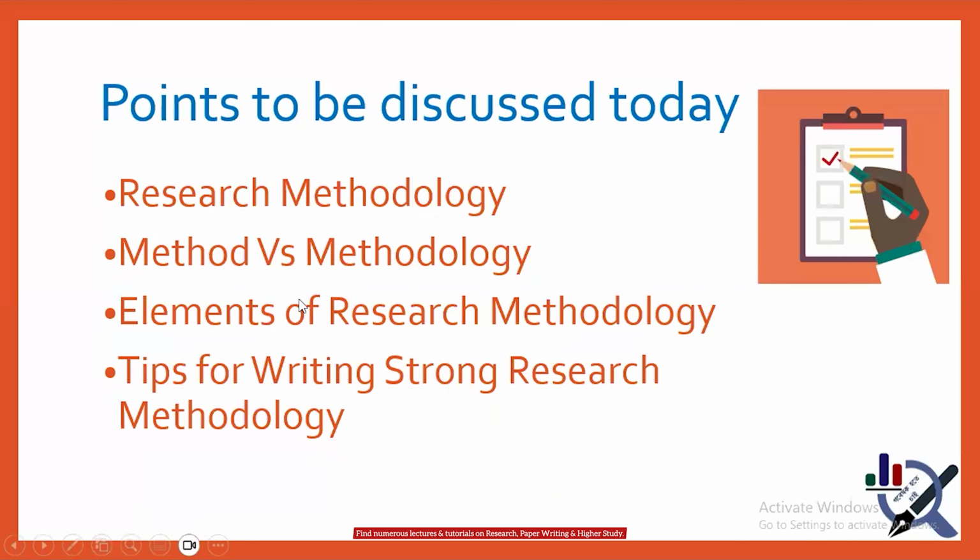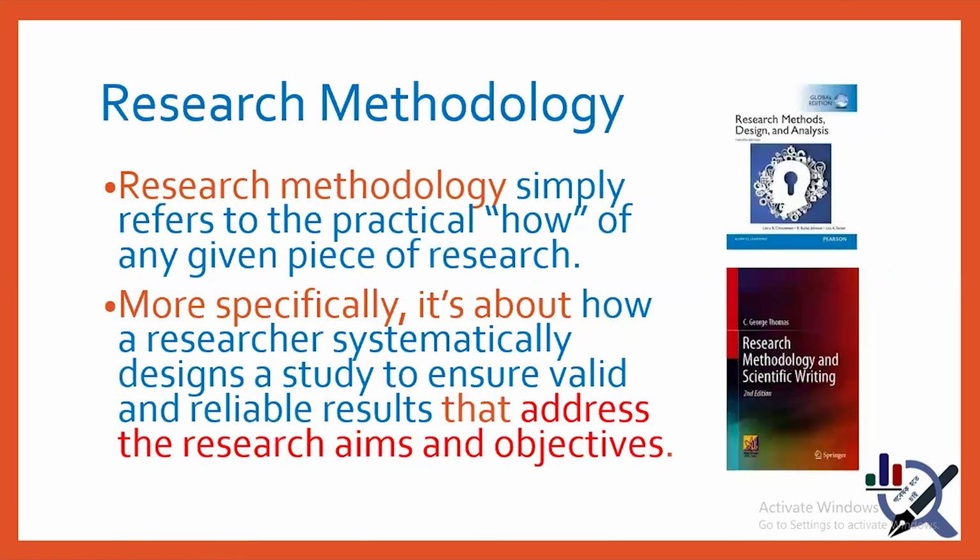So today we are going to discuss research methodology, the differences between method and methodology, and the elements of research methodology. And we are going to discuss some tips or guidelines to write a strong research methodology.